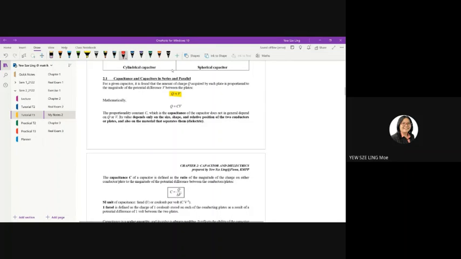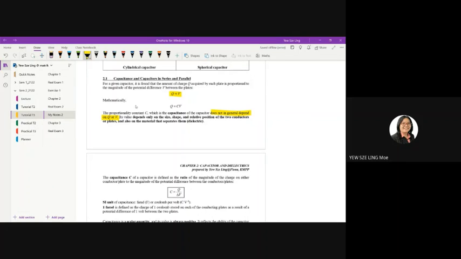And both of these quantities won't affect C. Capacitance C is just a constant value. If you look at the statement, it does not in general depend on Q or V, meaning that if you change V or Q, usually you won't change the capacitance, unless you change the physical structure of the capacitor.